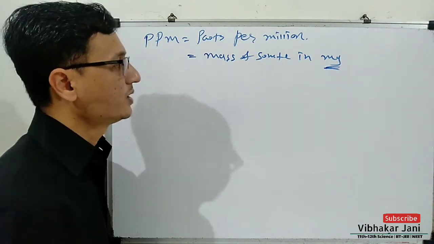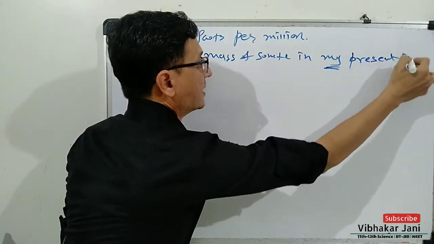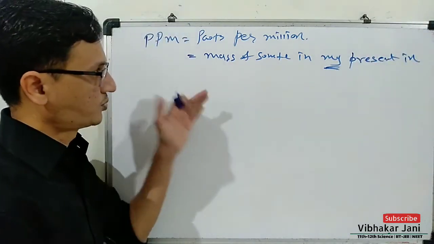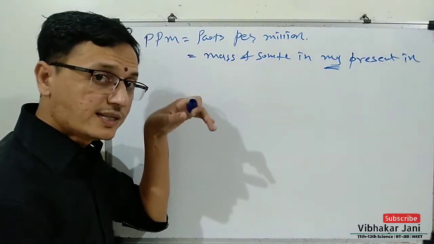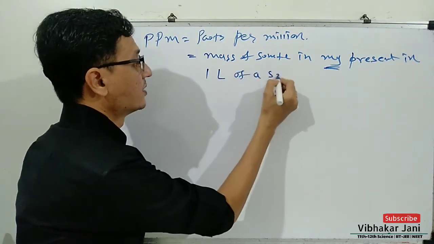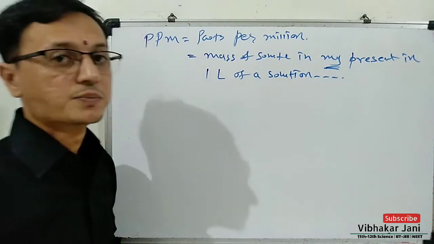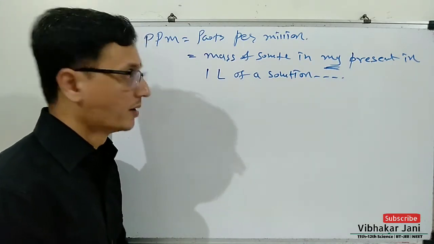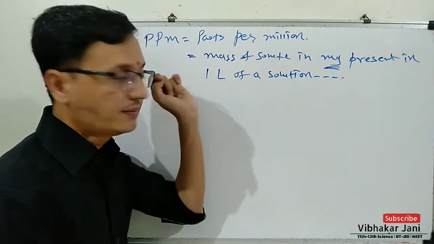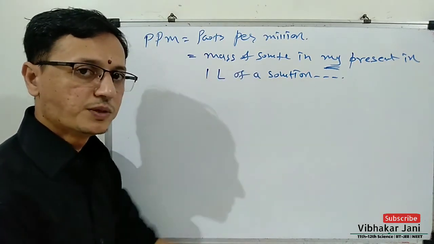Mass of solute in milligram present in 1 liter of solution is known as ppm.